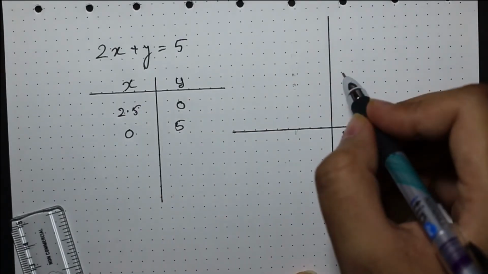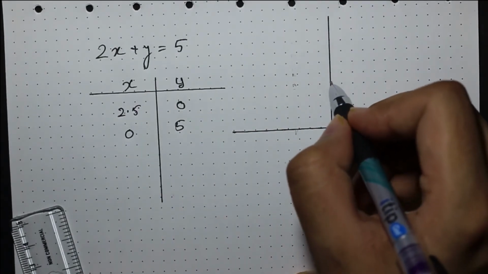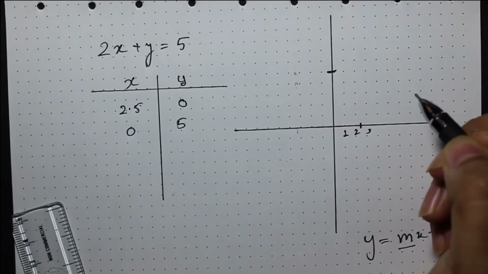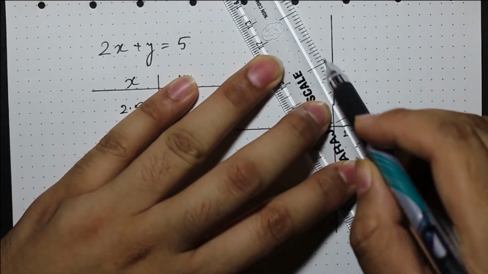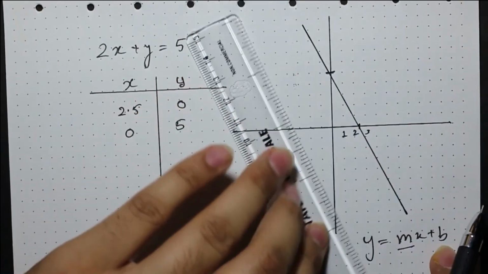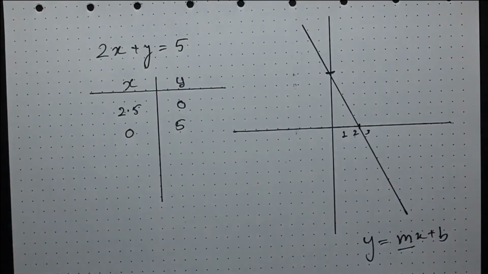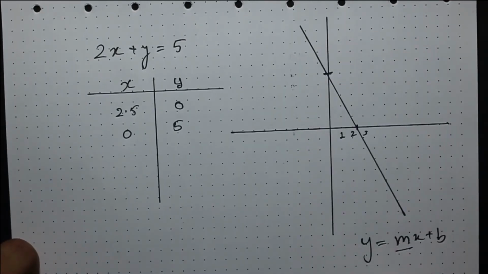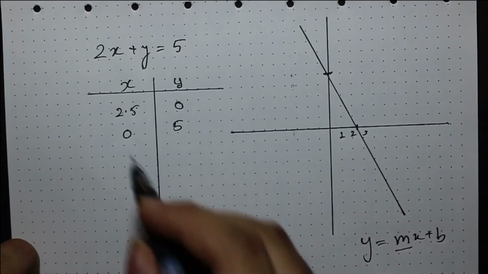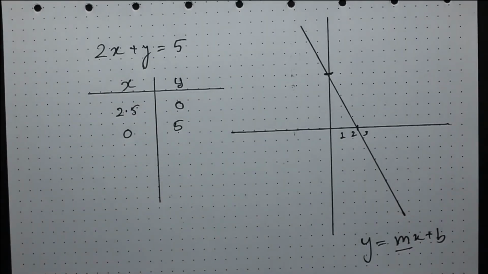When y is 0, x is 2.5. And when x is 0, y is 5. Now we can plot this line using these two points. This is the line that we got from this equation. Now all the values on this line will hold true for this equation.